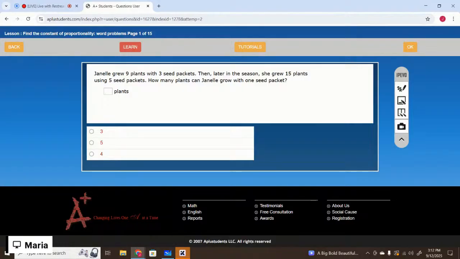Then later in the season, she grew 15 plants using 5 seed packets. How many plants can Janelle grow with 1 seed packet?